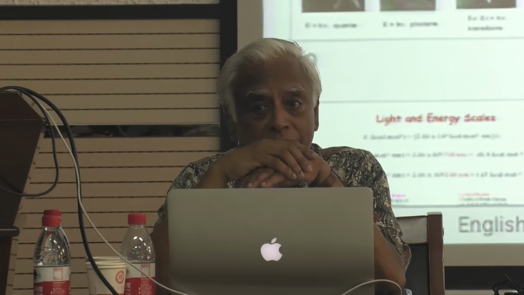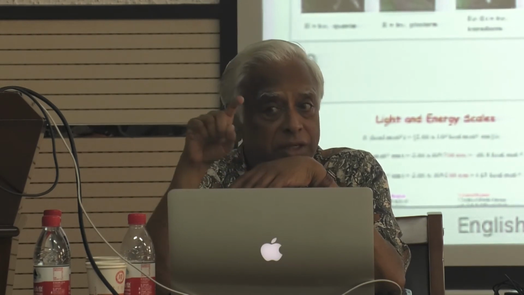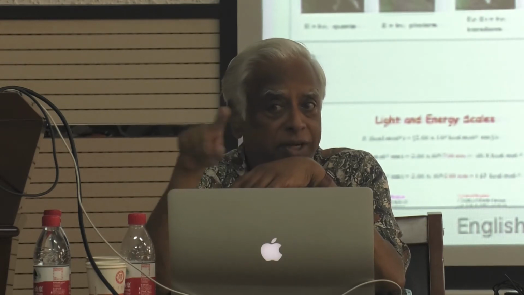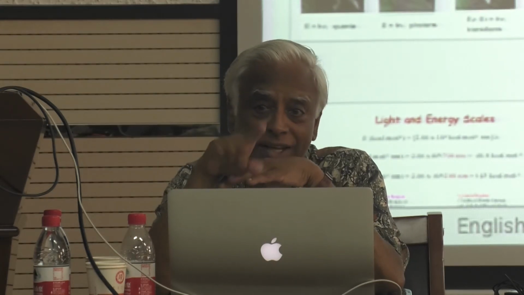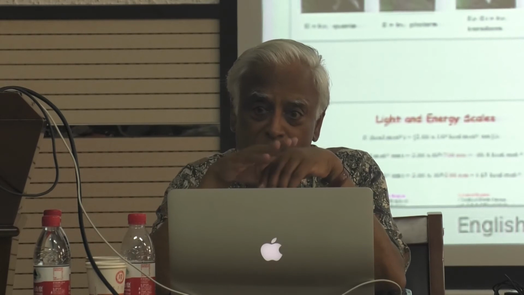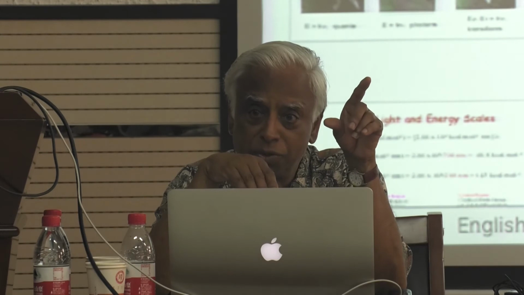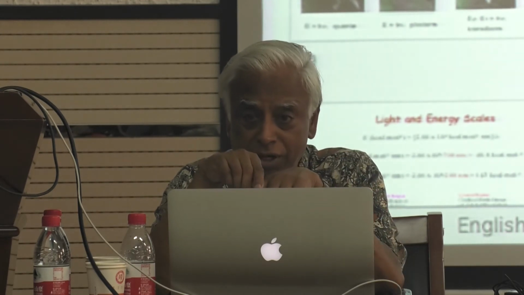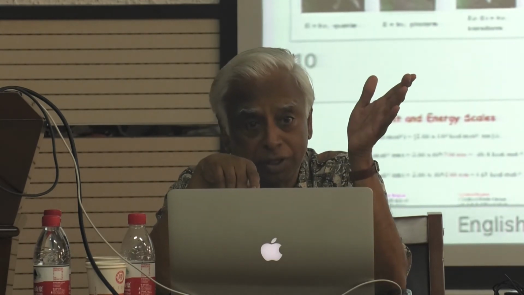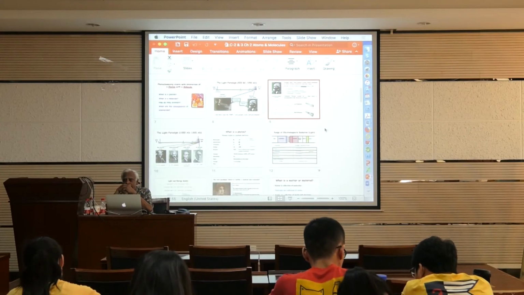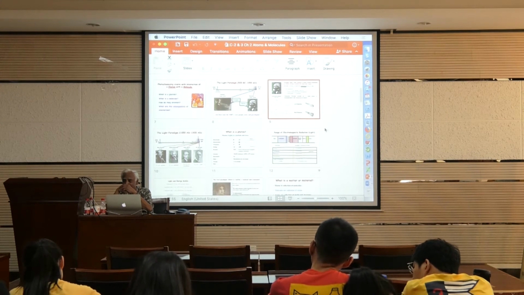The energy is given by E = hν, where ν is c divided by λ, so E = hc/λ. h is fixed, it is Planck's constant. c is the speed of light. So when dividing by λ, if it is 700, the number is going to be smaller. If it is 300, the number is going to be larger, so it will have more energy. Does it make sense?